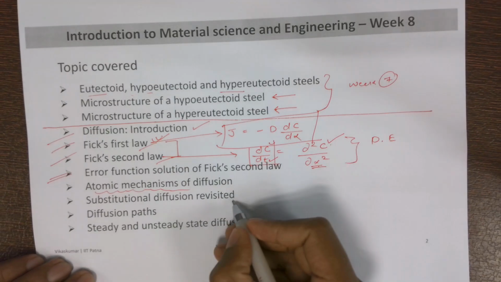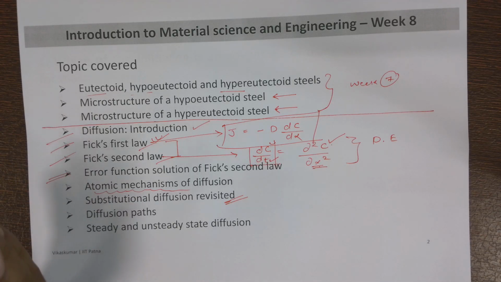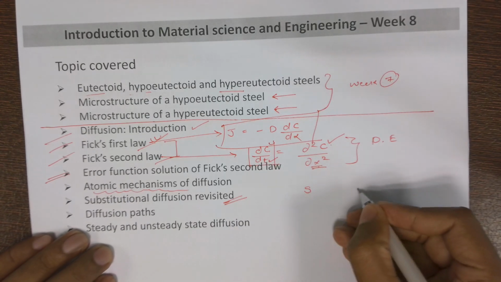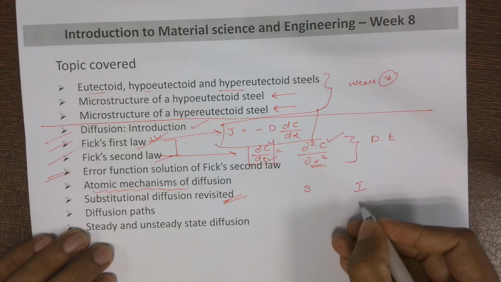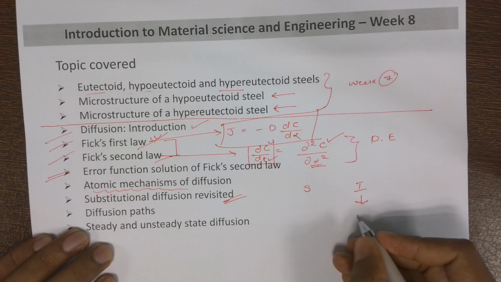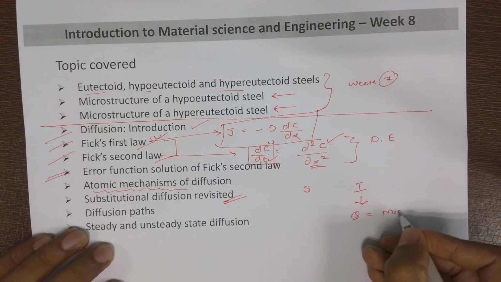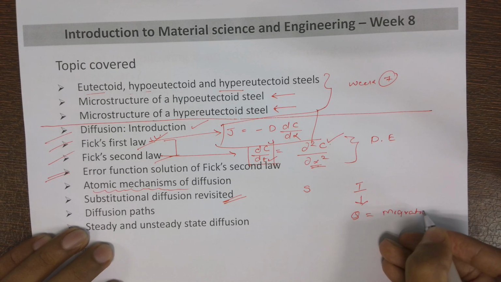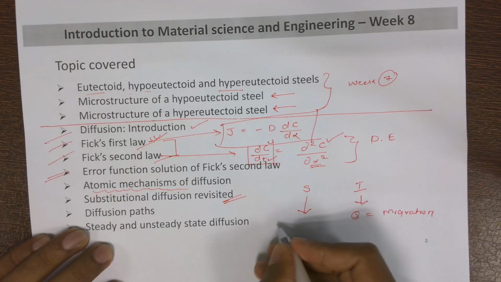Then we moved to substitutional diffusion, and how the diffusion kinetics in substitutional differs from interstitial. In the class we saw that in the interstitial we only need the activation energy for migration, because a lot of the interstitial sites are empty. But for the substitutional, the diffusion mechanism is the vacancy.